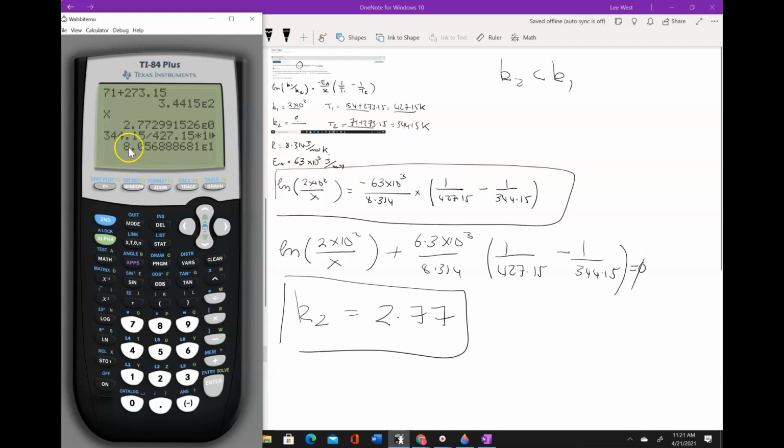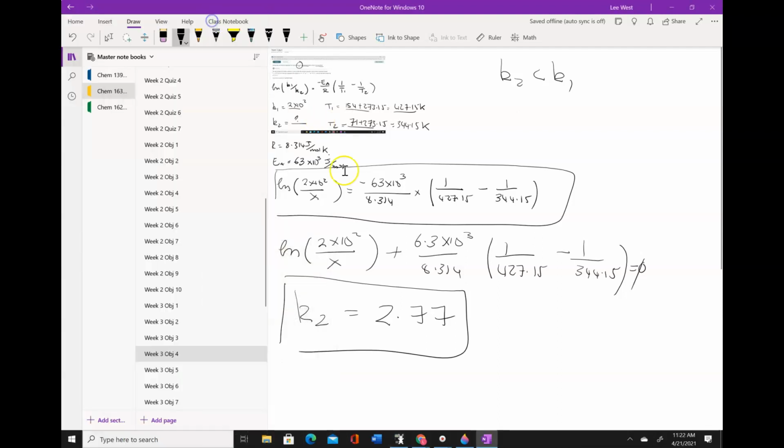It went down to 80% of what it was, so it got dropped by about 20%. But then my rate constant dropped by a lot more than 20%, right? So you can see my rate constant dropped by, well, it's only 1.3 or 1.4% of what it was previously. So that means it dropped by over 98%, right? So you see the effect. Small change in temperature, big change in the rate constant.